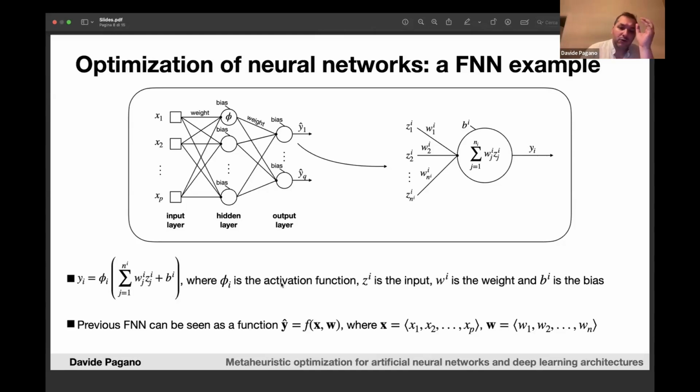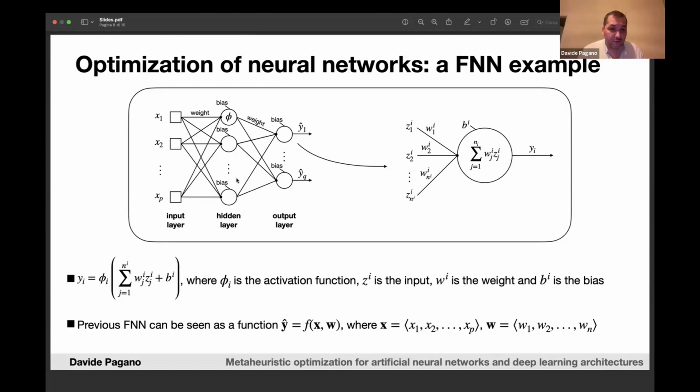Now, to introduce the subject of optimization of neural networks, let me consider a simple case, the architecture of a feed-forward neural network. Say that we choose the node with index i.